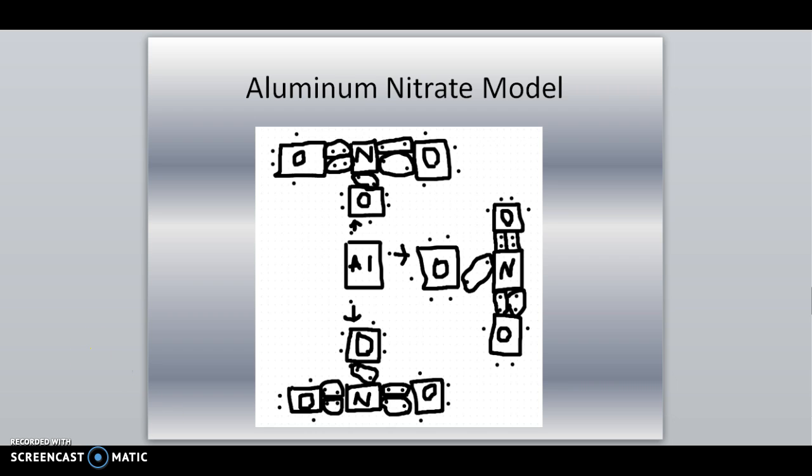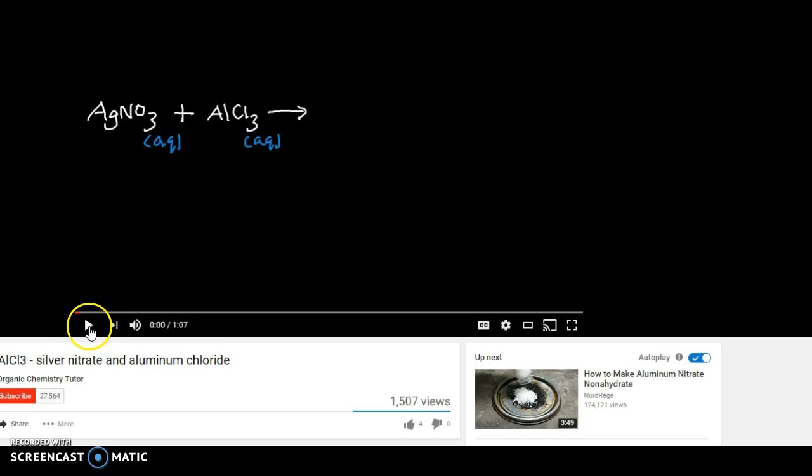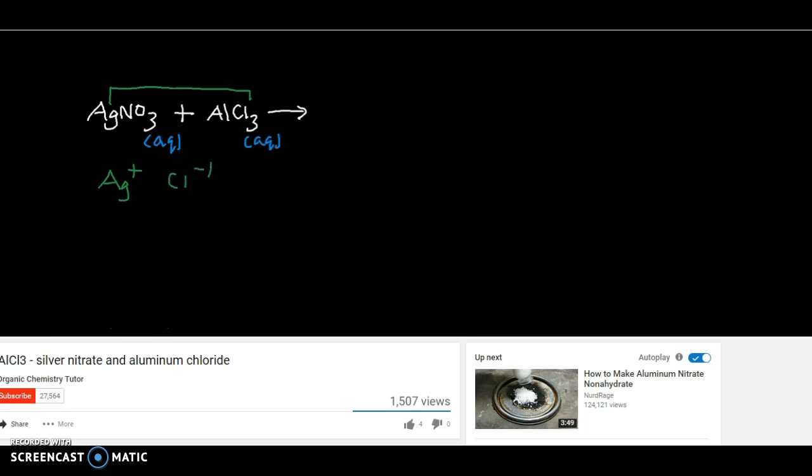I also have a short video that might show you this process a little bit better. So we take silver nitrate and aluminum chloride, which are both aqueous, and we actually combine them in water, and they dissociate into their separate particles, or ions.